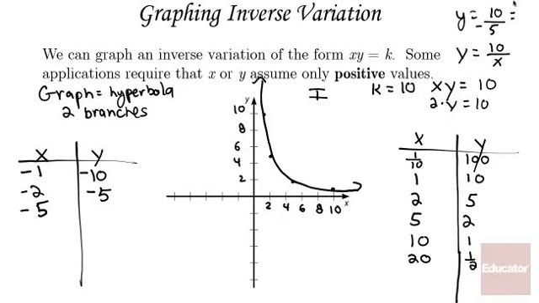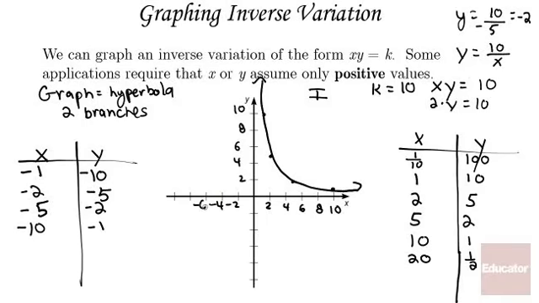Just to show you how this is going to work. If x is -5, then we're going to solve for y, and y is going to have to be -2. And so I've worked a lot of these out in advance, but just to show you how this is done. If x is -10, y is -1. And you can see it's just the corresponding negative values compared to what we have over here.